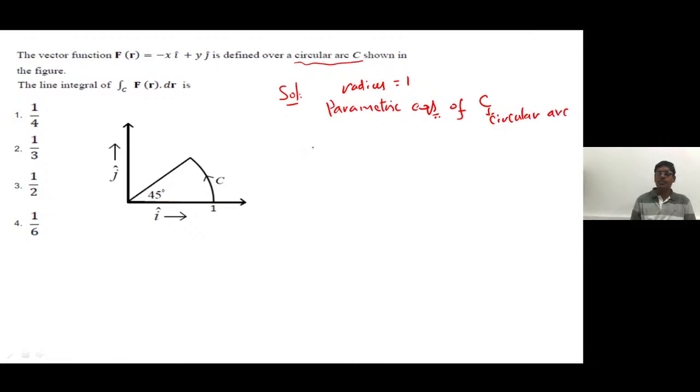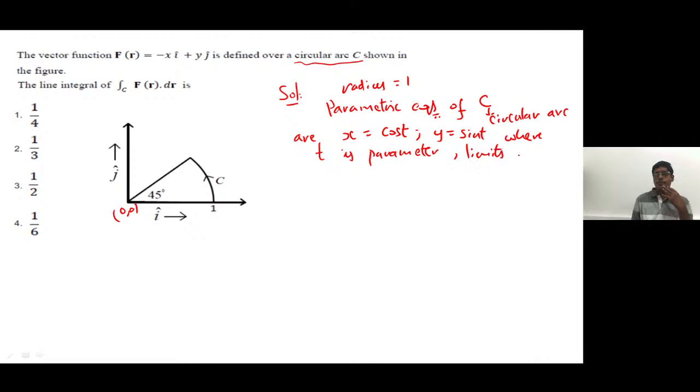Very important question. x is equal to radius into cos t, that is center coordinate plus radius into cos t. Center is here 0, 0, this point. So x is cos t, y is equal to sin t, where t is the parameter, with limits 0 to pi by 4.